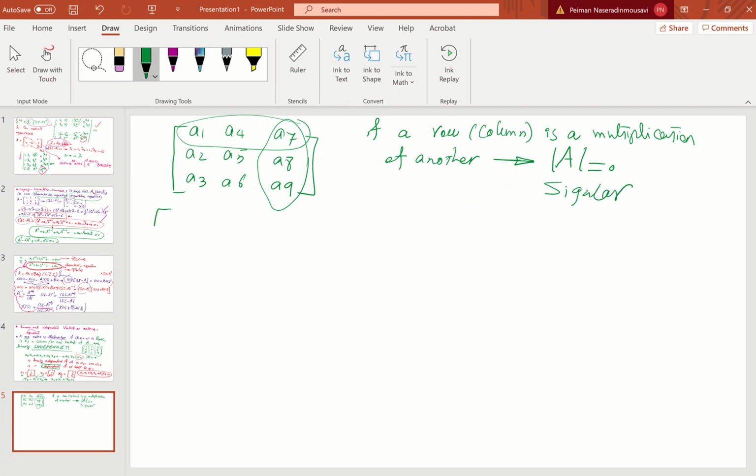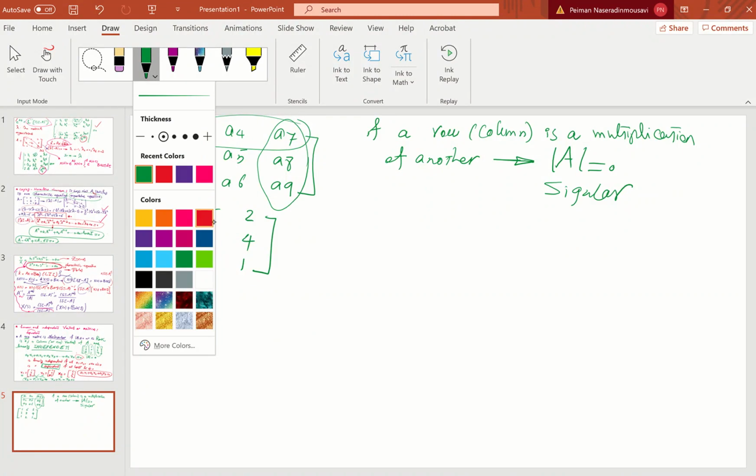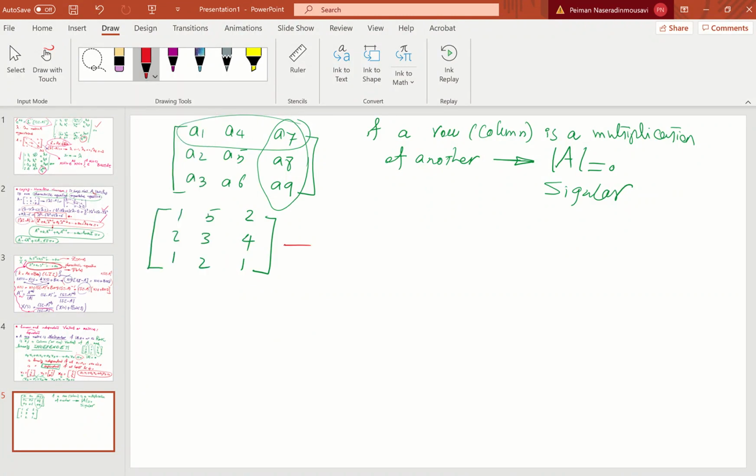For example, look here, guys. If you have 1, 2, 1, 5, 3, 2, and 2, 4, 1. What do you think about the determinant of this matrix, guys? The determinant of this matrix, without calculation, is obviously 0. No doubt it is 0. Let me do that for you.